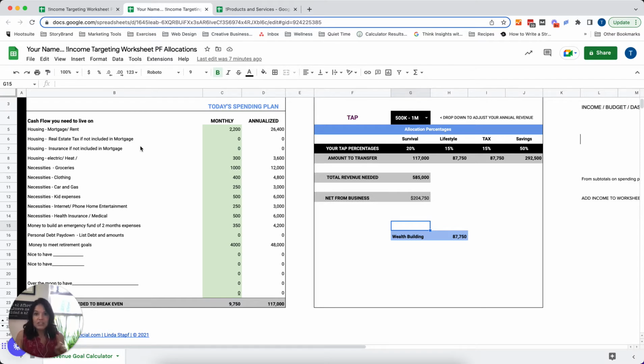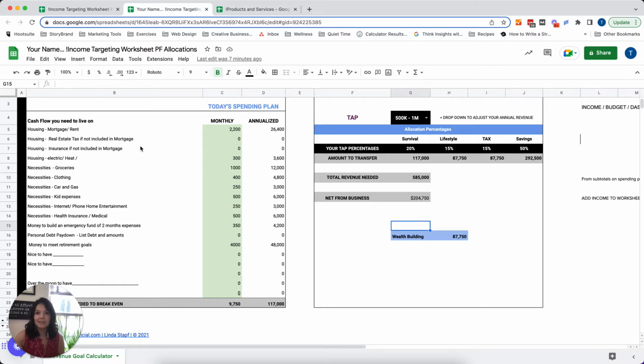Now, the 2 steps that we have to take to get to our bottom line hourly rate is we have to talk about how do we cover our budget. So what amount of money do we need to make as a business owner from our business to cover our monthly and yearly expenses, to cover our bills?